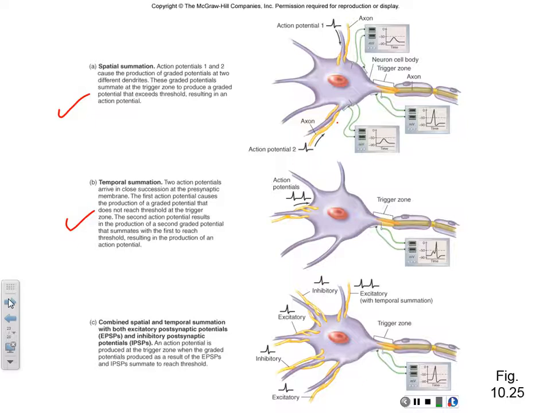Temporal summation is one neuron firing at high frequency, all right? Action potentials are closely following each other so that they can summate. Spatial is several. They fire a little action potential and another one fires another action potential, and those two add up, and then you may reach threshold and have an action potential.